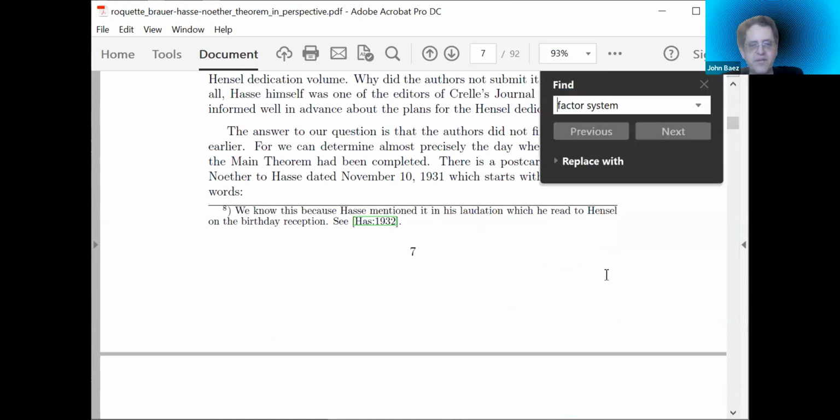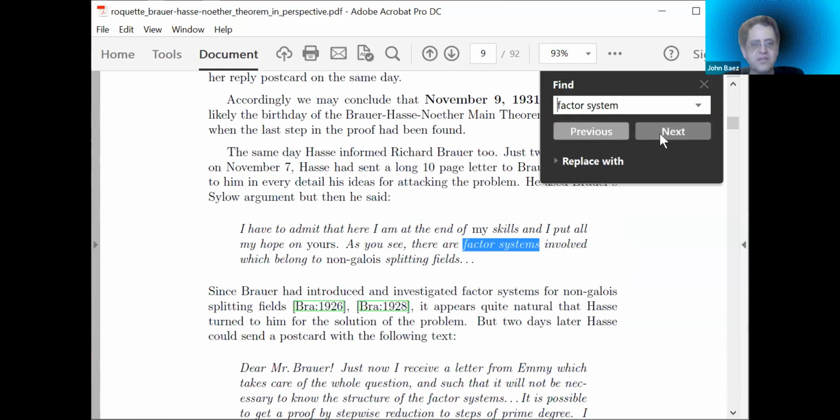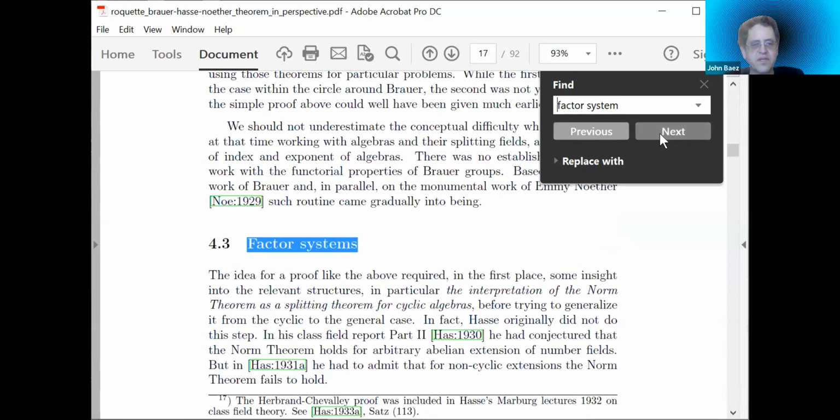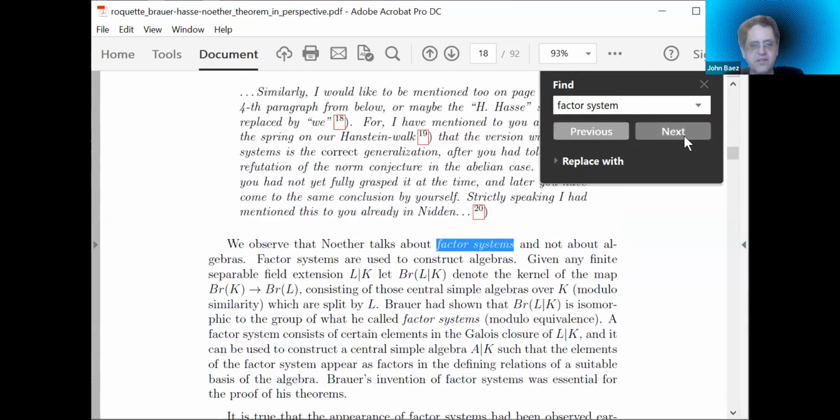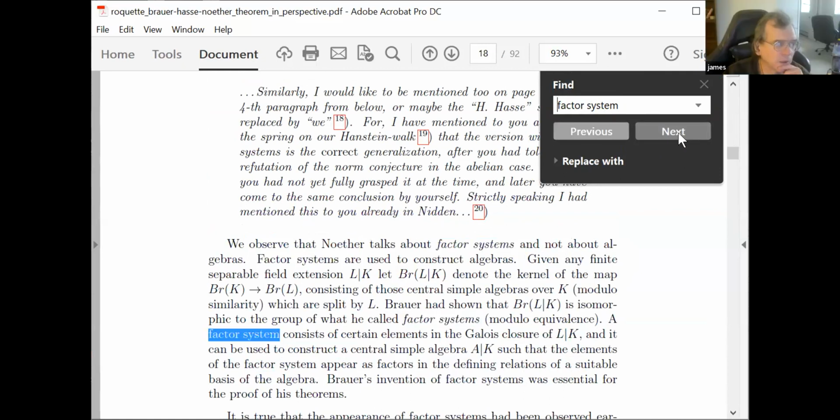And then it seems there's a souped up version of that idea called factor systems that was invented by Noether, which I'm trying to find the definition of.